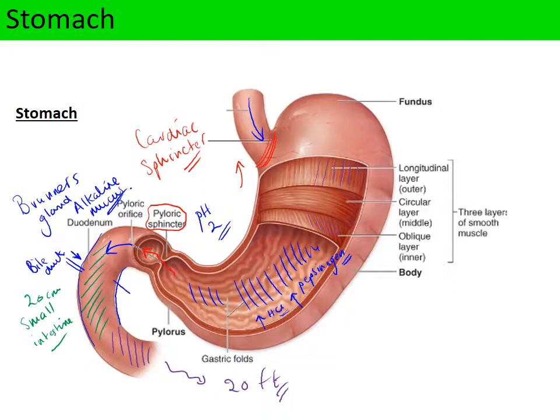Now, the other duct that goes into the duodenum is the pancreatic duct. And we know the pancreas makes pancreatic juice containing lots of digestive enzymes, things like trypsin and amylase and lipase. So we also get digestion occurring in the duodenum because of these pancreatic enzymes.